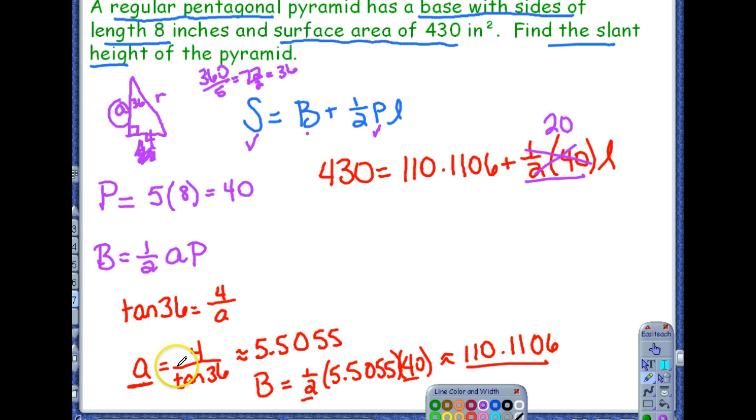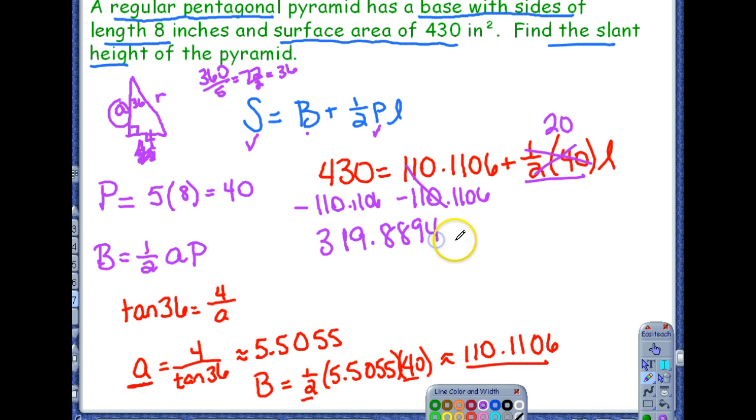Then I'm just solving for L. I'm going to subtract the base area from the surface area. So I'm going to put in my calculator 430 minus, and use the answer recall button because I have it already in my calculator. It's saying about 319.8894, and that's going to equal your 20L.